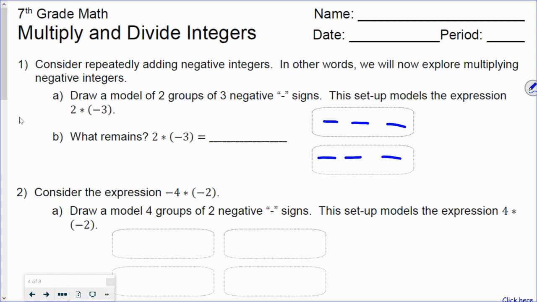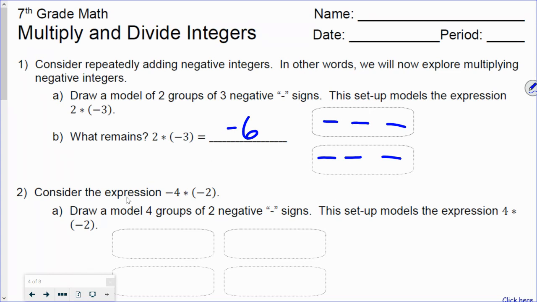One group and two groups. So how much do we have there? Well, if I count it up, 1, 2, 3, 4, 5, 6, I have 6 negatives. That means our solution to 2 times -3 is -6. It's like saying you borrowed $3 twice. Now you owe that person $6.